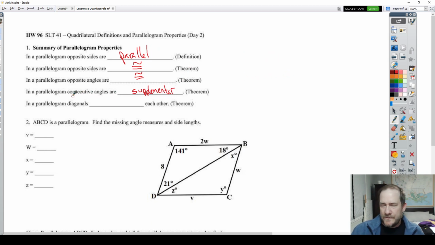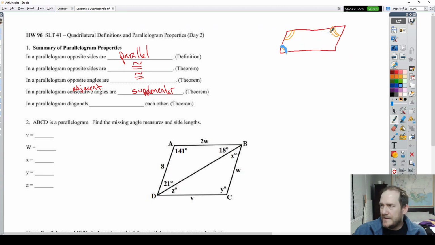And if you forget what consecutive means, it means the same thing that adjacent means. In a rectangle, parallelogram, rhombus, whatever, the consecutive or adjacent angles are the ones that are right next to each other. So this one and this one would be adjacent. Or angle 2, the one with 2 arcs, is adjacent to this one. The top 2 are adjacent. The only thing that's not adjacent are the ones that are opposite from each other.